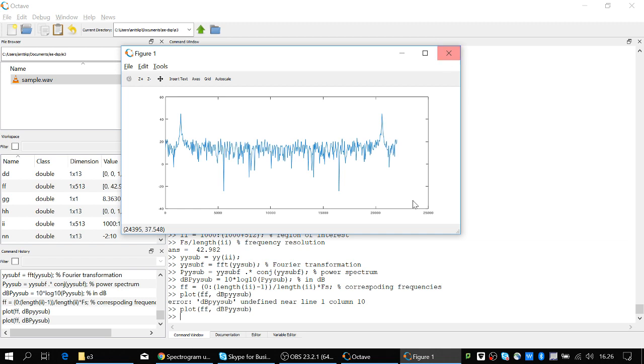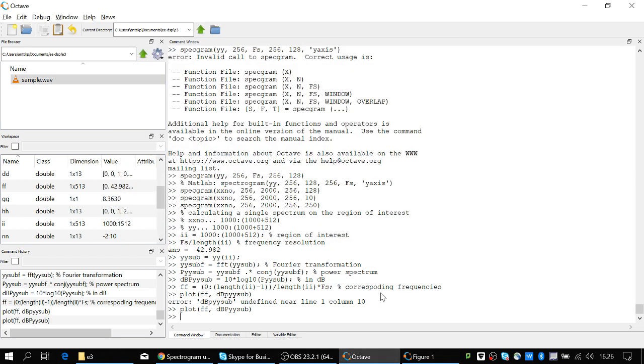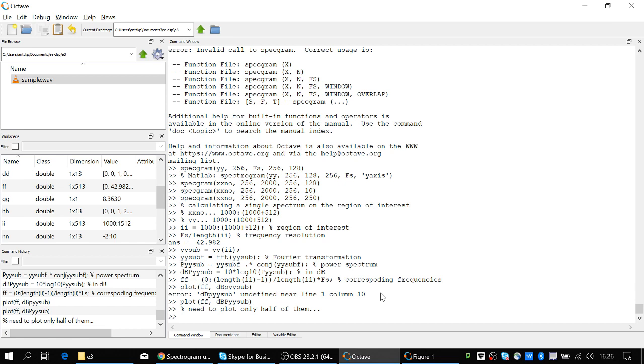So let me change this a little bit. I need to plot only half of them. So let's plot from 1 to length of FF divided by 2.